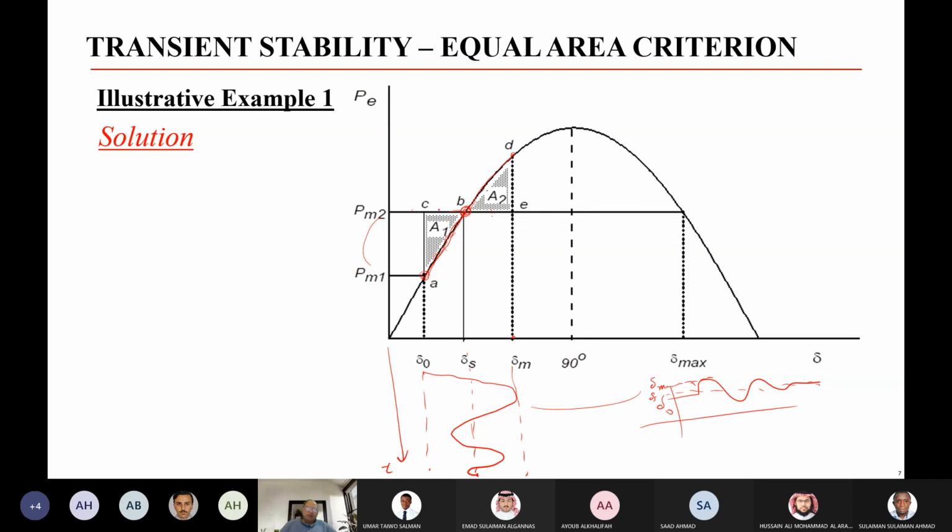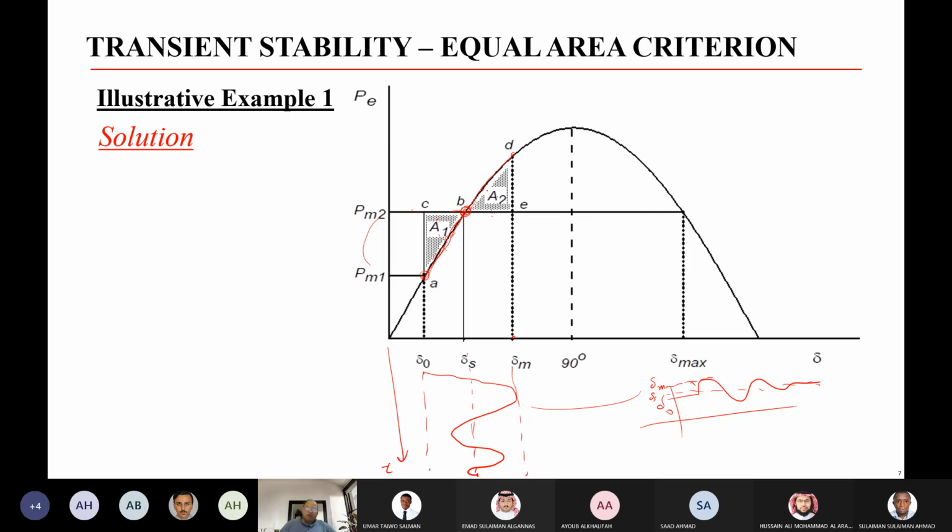We have two areas here: the acceleration area, area 1, and the deceleration area, area 2. The condition for the system to be stable is A1 equal to A2.